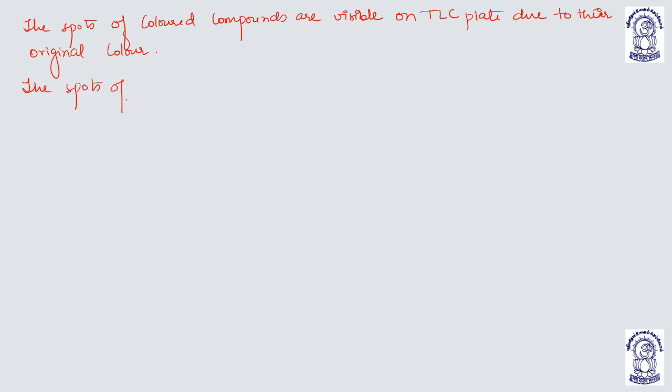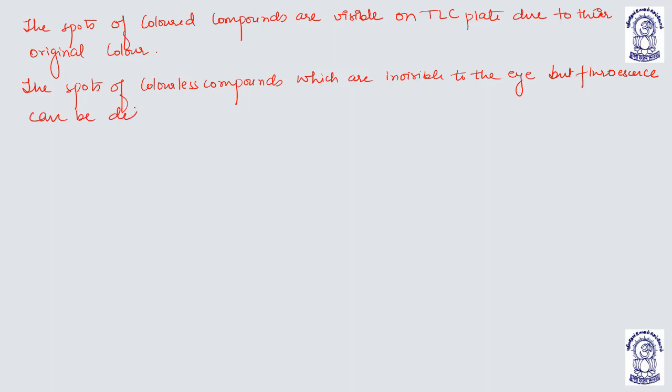The spots of colorless compounds, which are invisible to the eye but show fluorescence, can be detected by putting the plate under UV light.